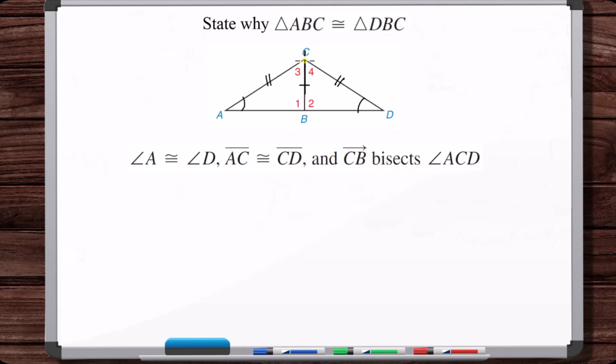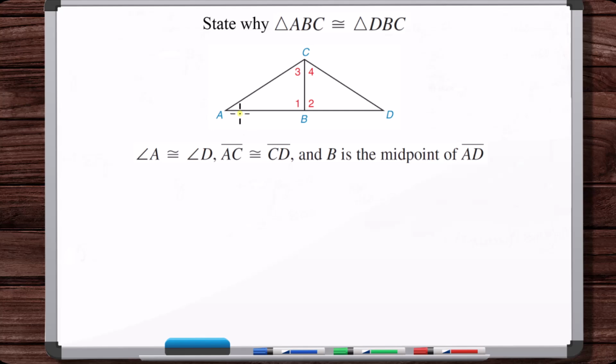So ray CB bisects angle ACD, which means what they're effectively saying there is that these two angles are congruent. Okay, so in this case, we've got an angle, side, angle here. So angle, side, angle. We also have a side, angle, side. So we could do side, angle, side as well.